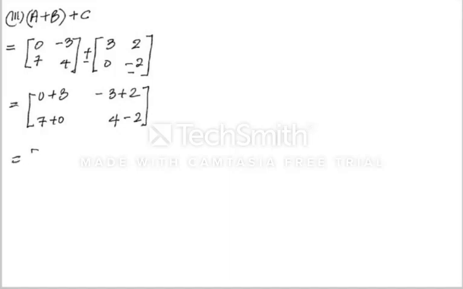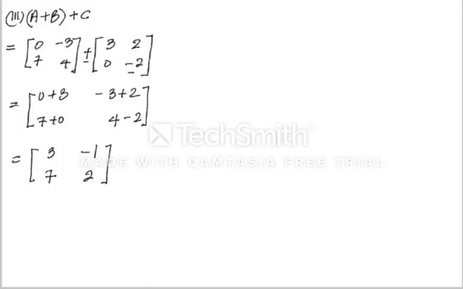So what we have is 0 plus 3 is 3, 7 plus 0 is 7, minus 3 plus 2 is minus 1, and 4 minus 2 is 2. So the matrix A plus B in bracket plus C is 3, 7, minus 1, 2.